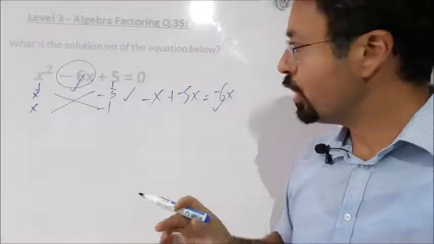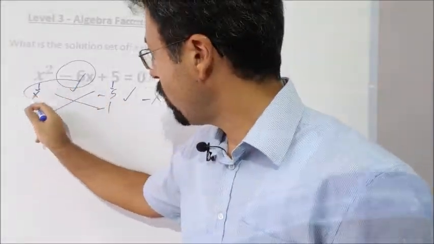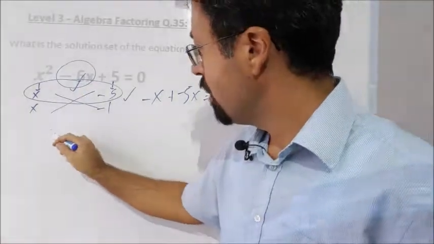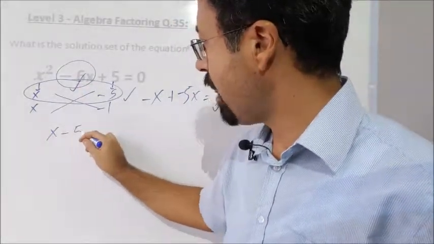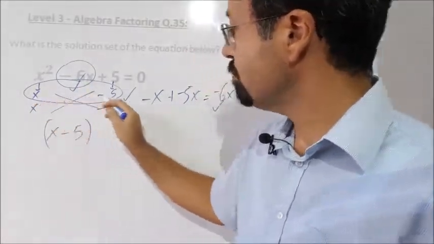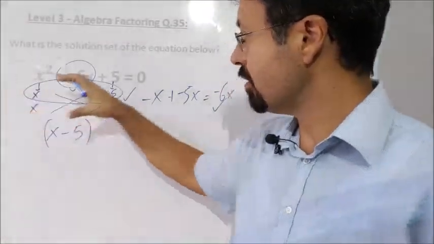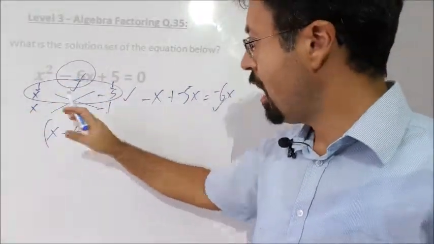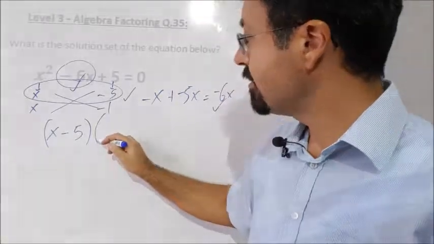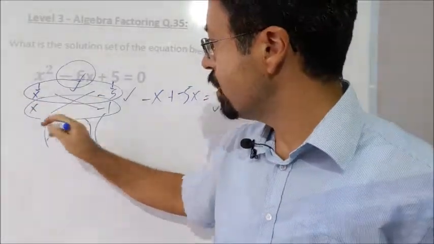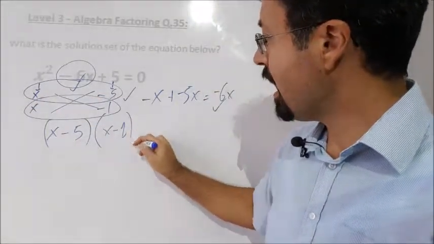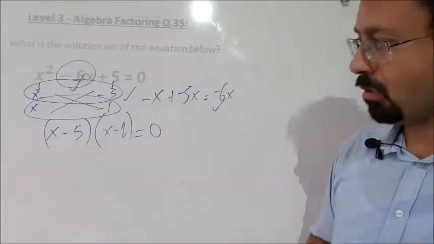The last thing that we got to do is horizontally take them in brackets. So x minus 5, keep it horizontal, times x minus 1 is 0.